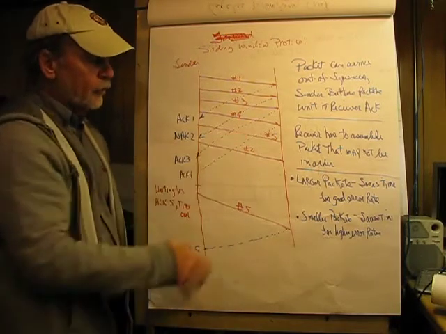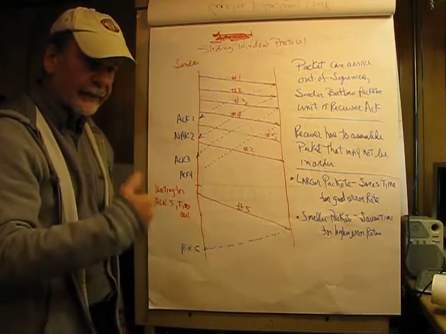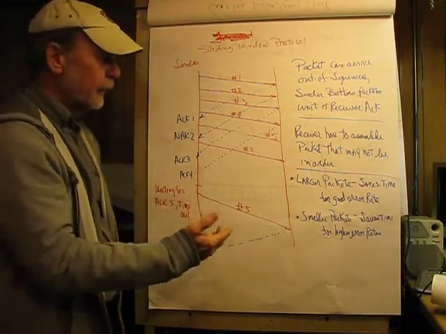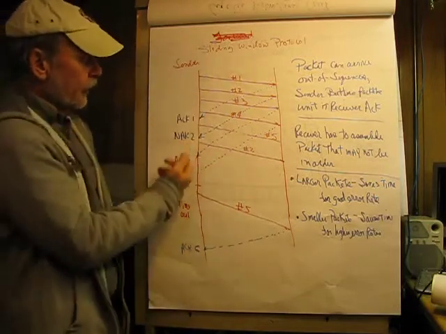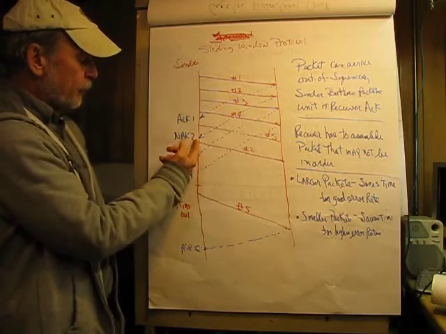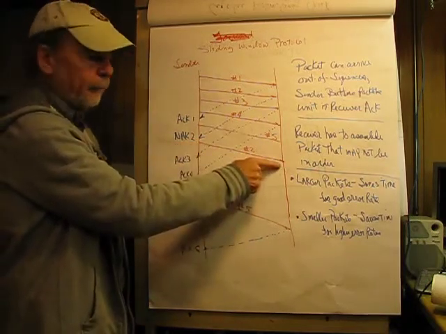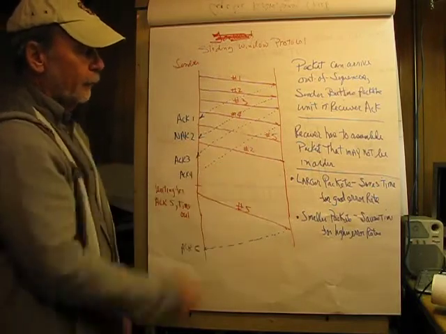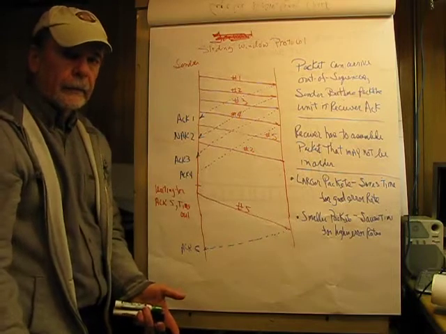Now that means that this could have been mangled so badly that you couldn't even identify it as a packet coming from the source. But it would be contained in the header information. So the sender gets the NAC back for packet number 2, and then he'll resend packet number 2. Now, with regard to packet number 5, the receiver doesn't do anything. He doesn't even know what he got.